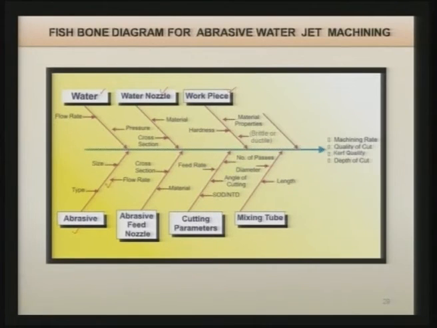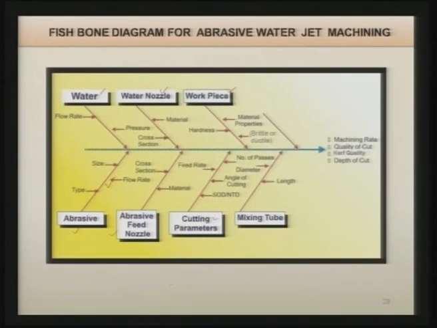Then flow rate of the abrasive is another important parameter. Then abrasive feed nozzle, what is the cross section of the abrasive feed nozzle and the material of the feed nozzle, because if it is not very hard, then the nozzle itself will wear out slowly and you cannot control accurately the abrasive feed.